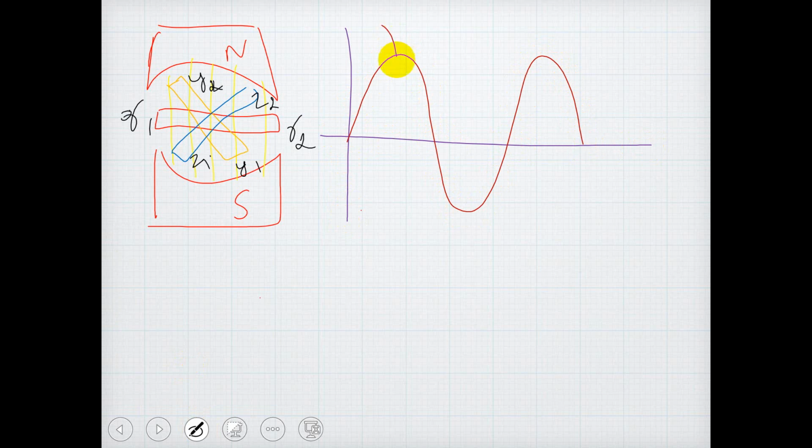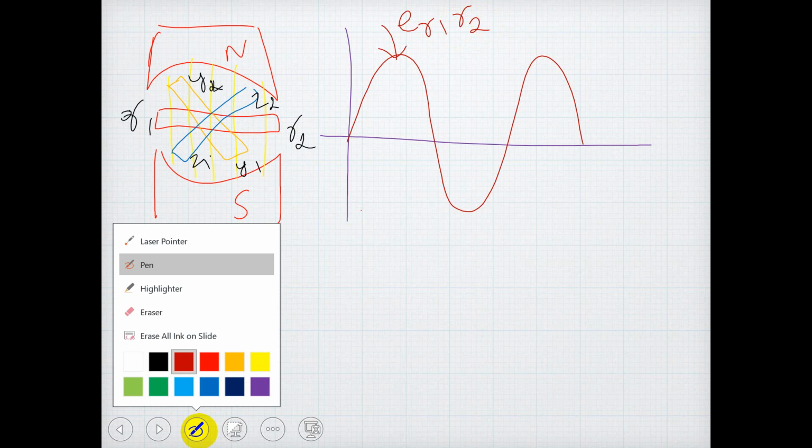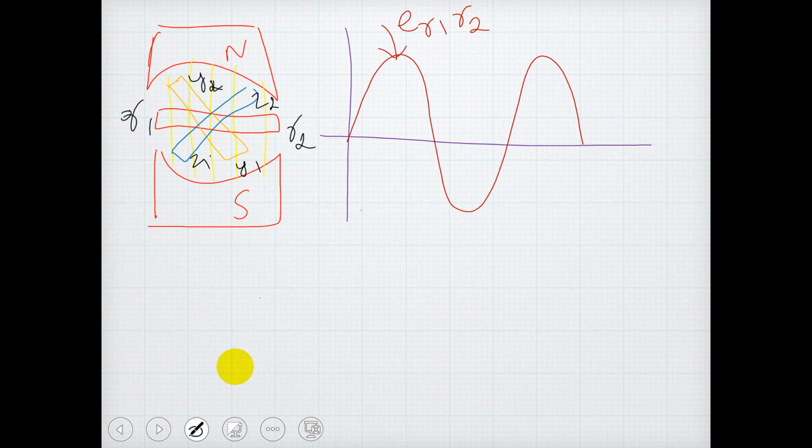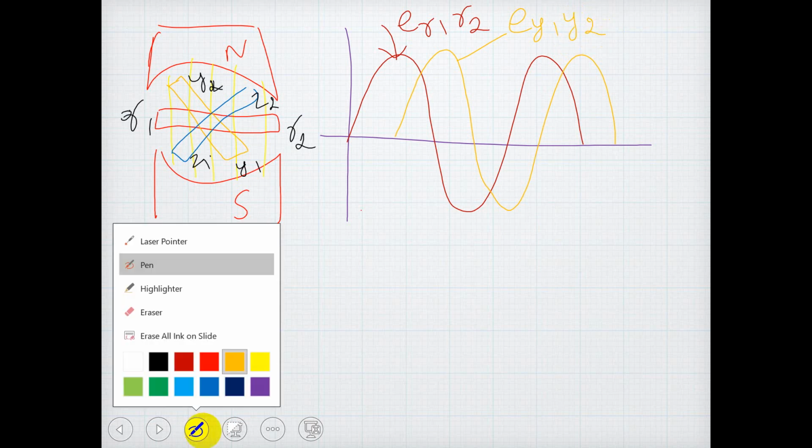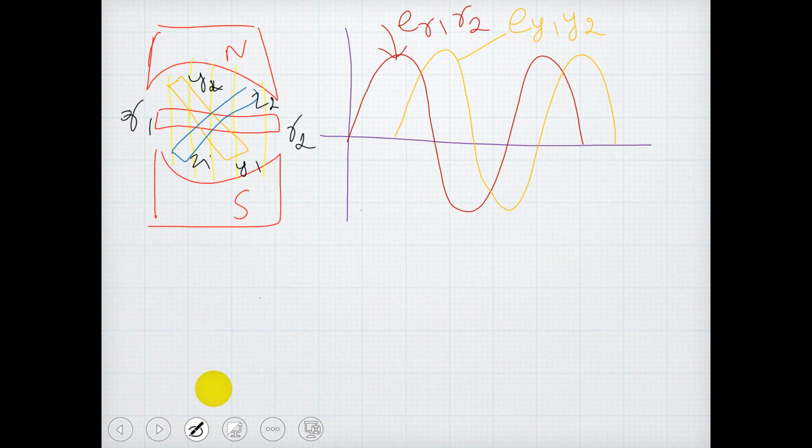Suppose taking reference ER1 R2, that is induced in the conductor R1 R2. The other EMF induced in the other one is of the same magnitude. So let me say this one as EY1 Y2, and the third conductor induces EMF. Let me take B. So B at 240 degree. So it starts from here.